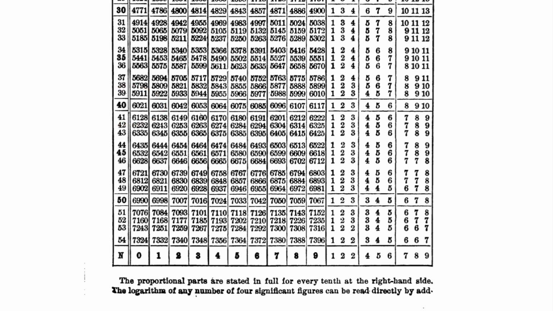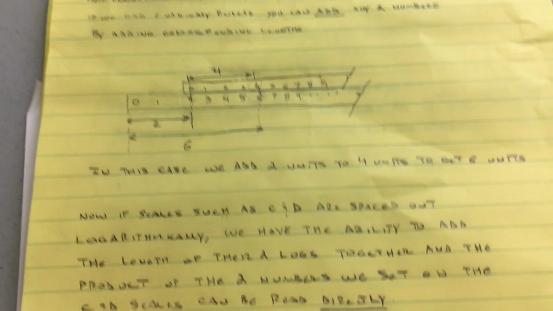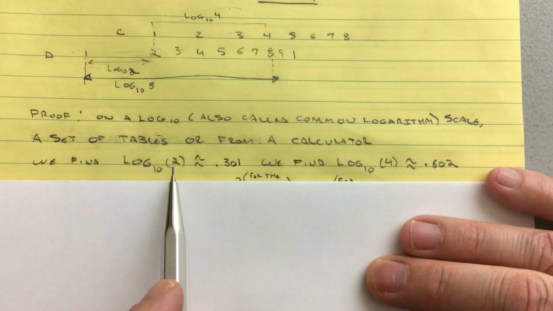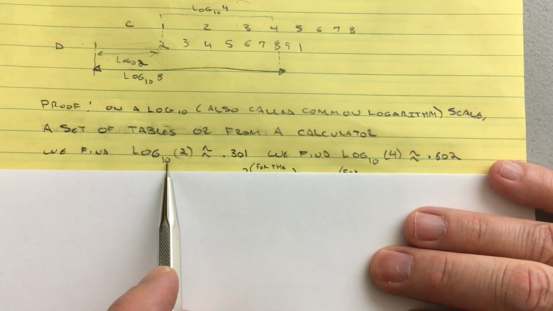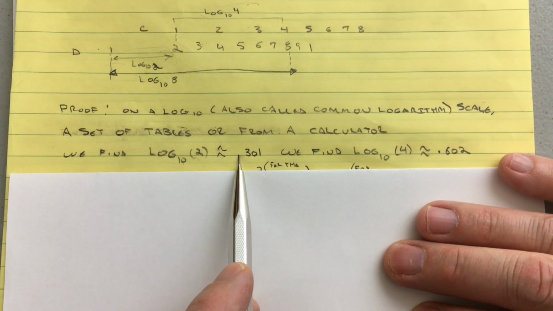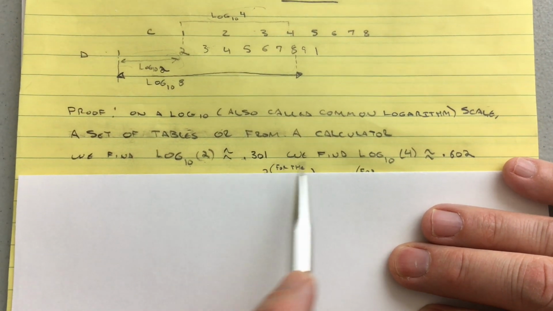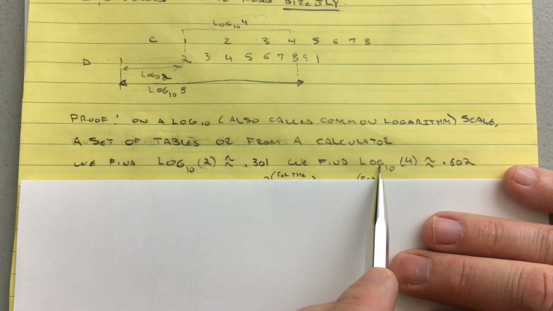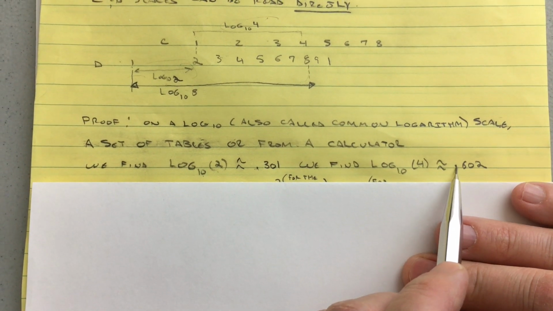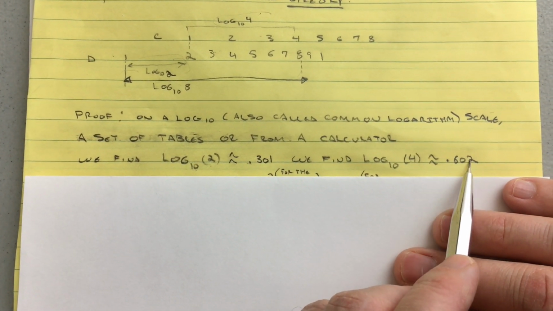Okay, let's go back to our notes just for a second. We are going to come back to the next page of logarithms here in a minute, but I don't want to spoil the surprise. What we wrote down was log base 10 of the natural number 2 is approximately equal to 0.301. We found from our table of common logarithms that log base 10 of the natural number 4 is approximately equal to 0.602.